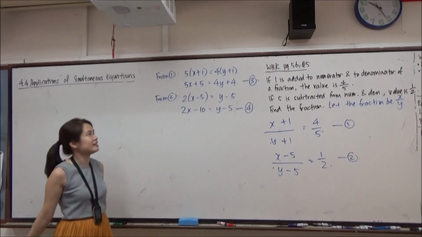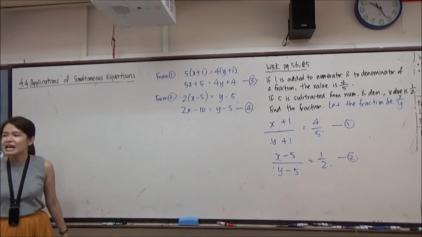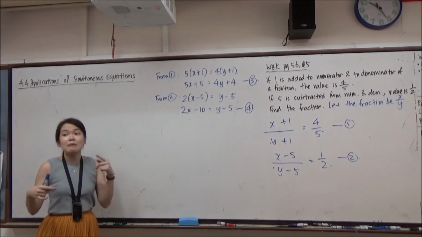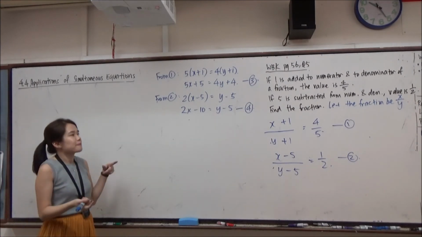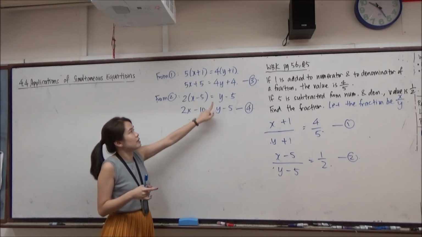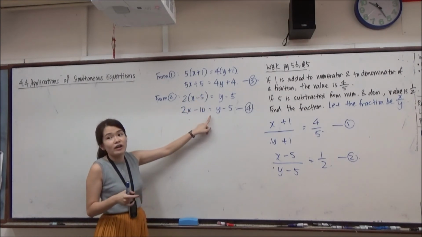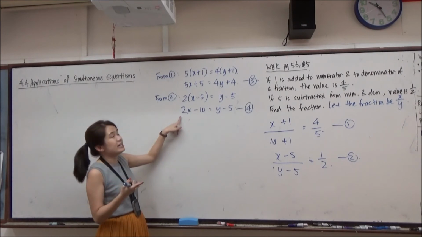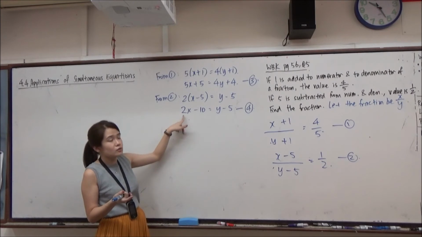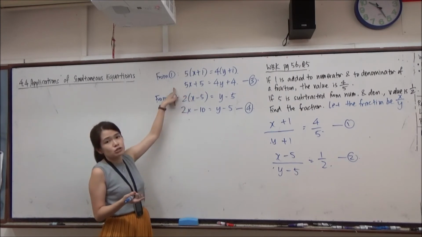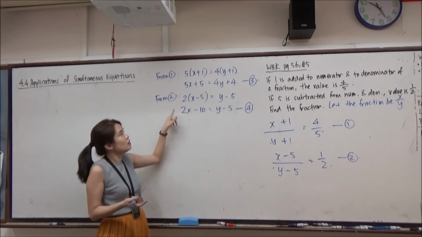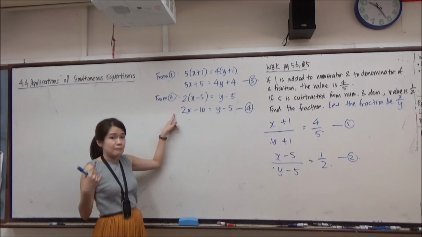Never mind. Let me just share my thoughts now. If I were to choose elimination, I will need to multiply by 4 over here to get rid of the y. Or if I want to get rid of x, then it's more complicated, where I need to times 5 over here to get 10x, and I need to times 2 to get the 10x, then I can eliminate. So if I want to get rid of x, it is more steps.